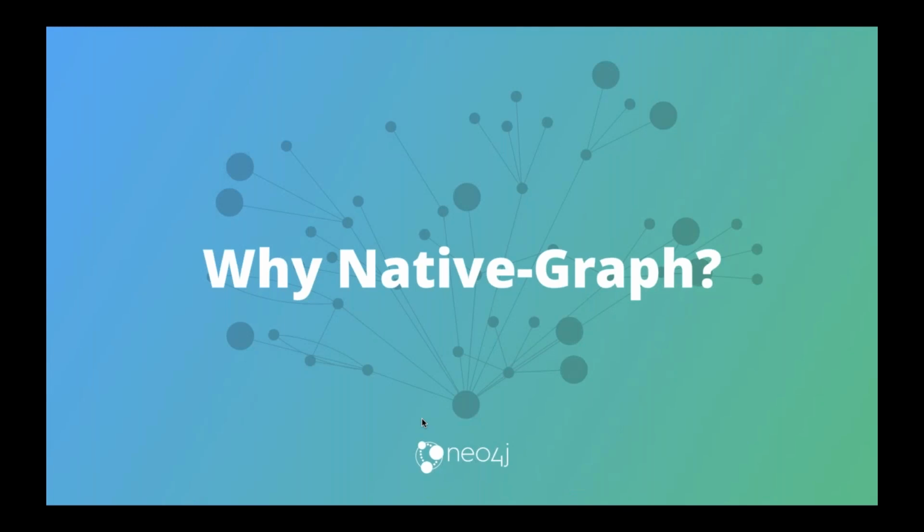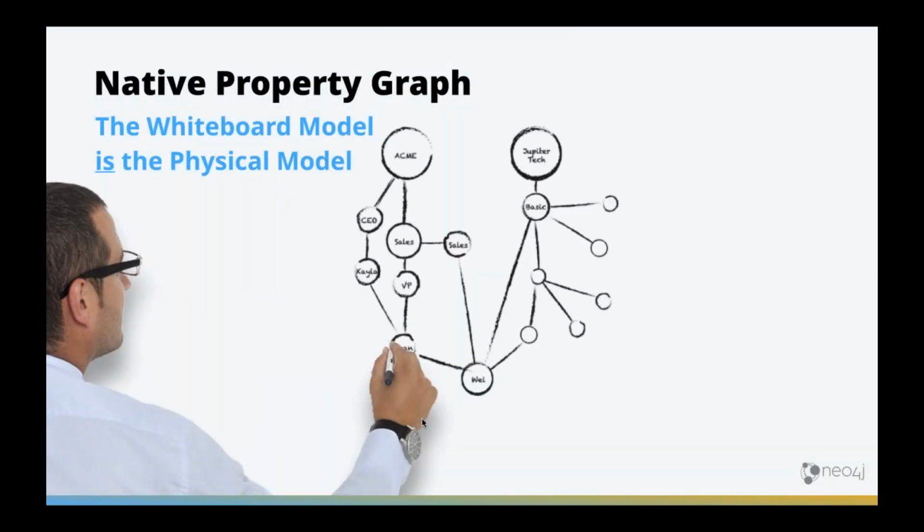So I've mentioned the term native graph a few times. The idea of the social network and the supply chain network probably makes a lot of sense. But why native graph, and what does that really mean? That really looks at how people model information.